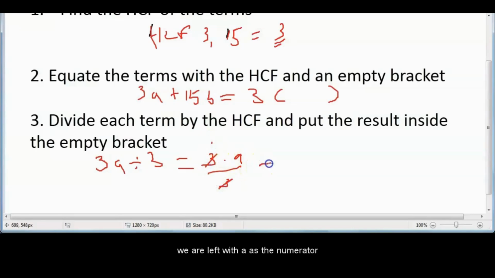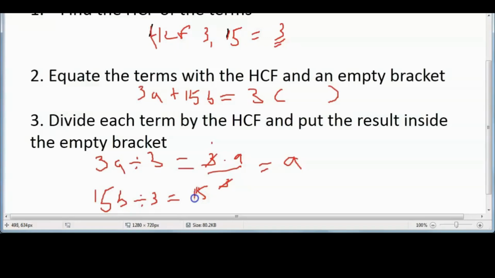We are left with a as the numerator, nothing on the denominator side. 15b divided by the HCF can be rewritten as 15b all over 3, which is the same thing as 5b.